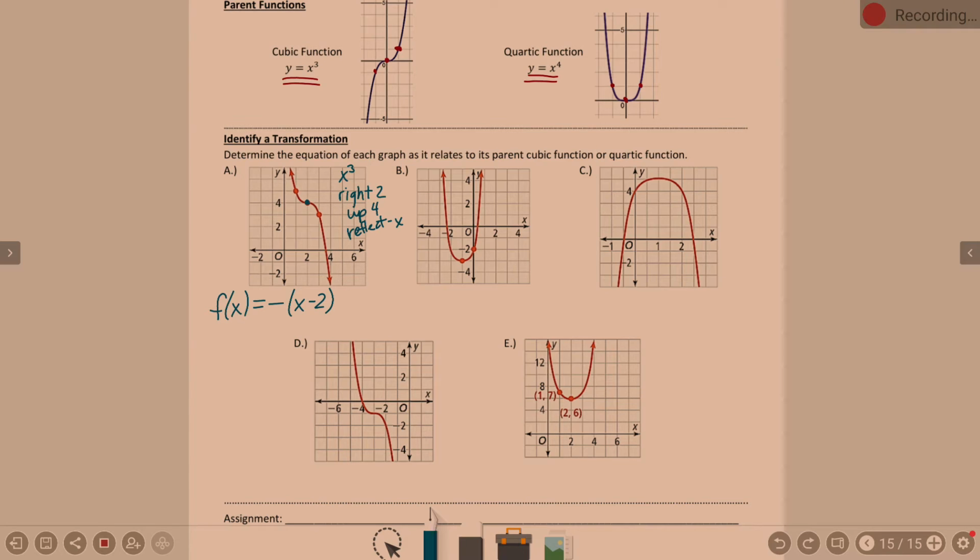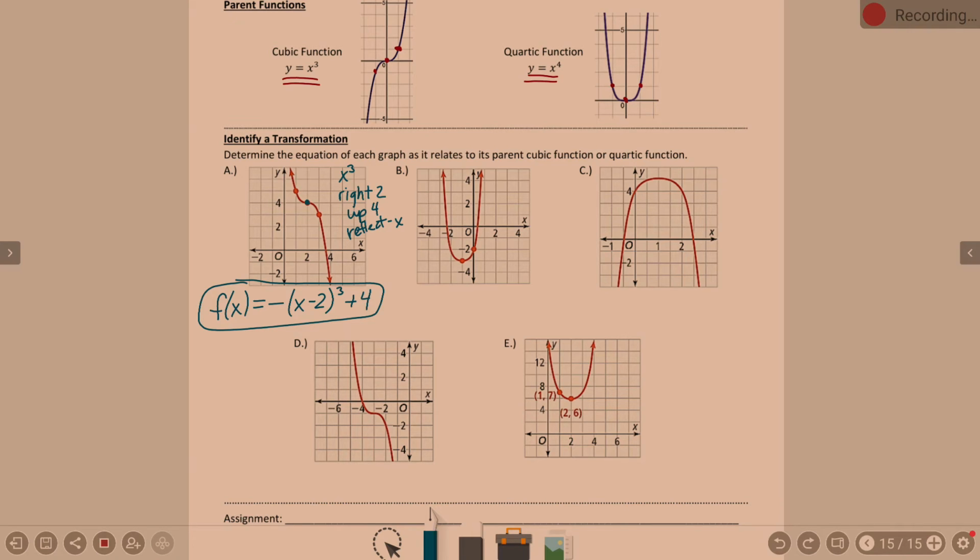Our parent function is x to the third. Because we have left to right, it doesn't go directly on the x, it goes in the parentheses. So it's x minus 2 to the third. And then up 4 is plus 4. We're taking all those pieces from the graph and putting them together into the equation.